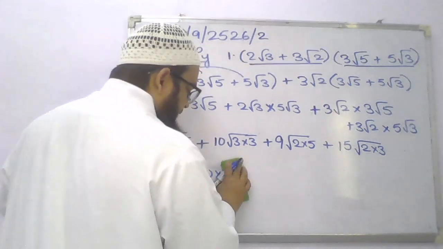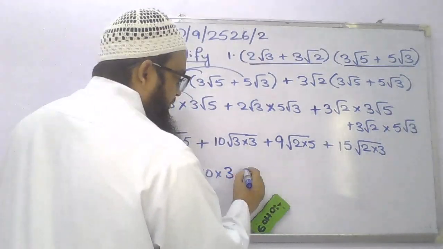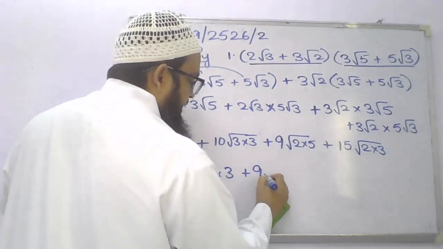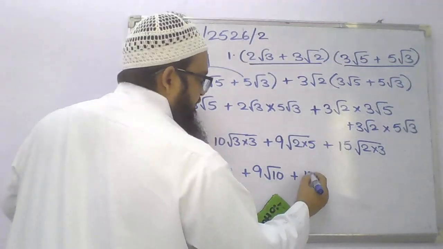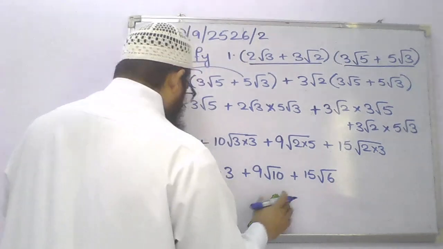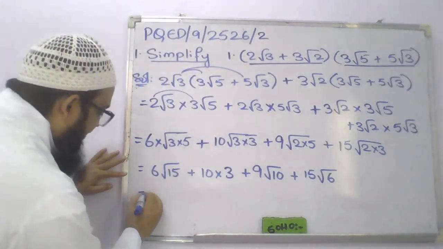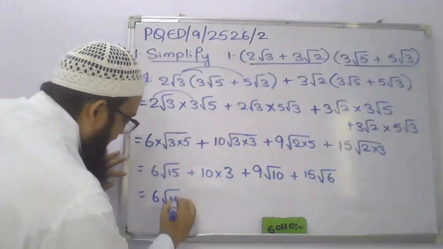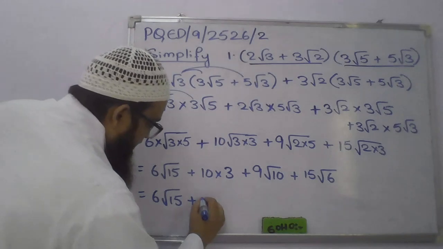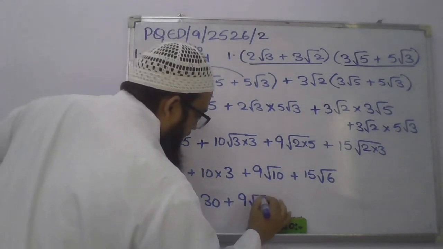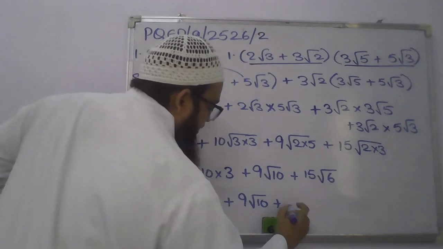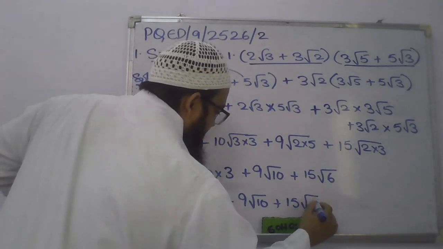So can I write it directly? So it is 3, plus 9 times root 10, plus 15 root 6. So what do you have here? 6 root 15 plus 10 threes are 30, plus 9 root 10, plus 15 root 6.